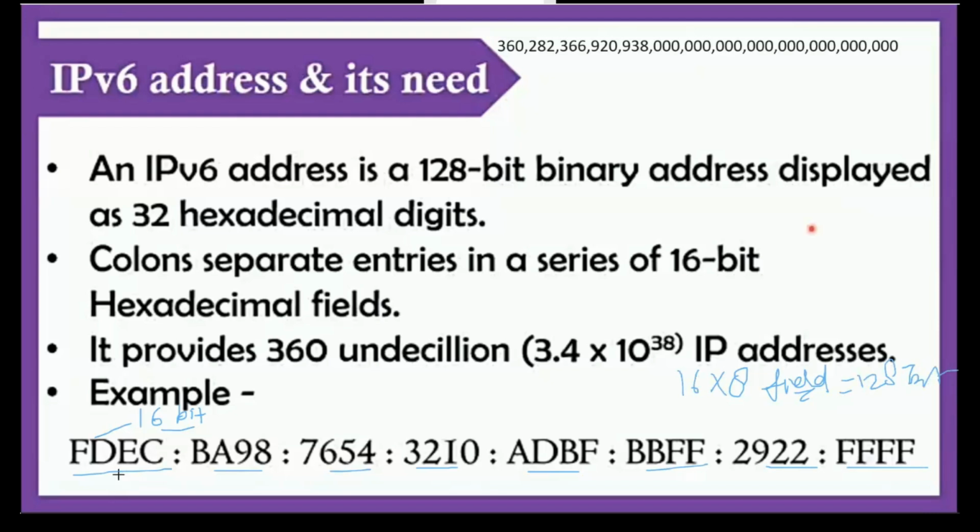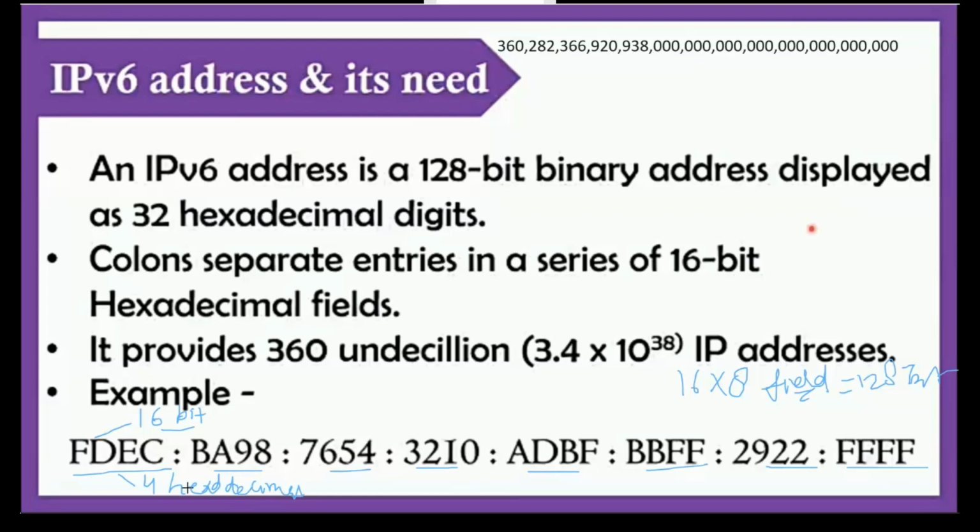Then in every field there are 4 hexadecimal digits. IP version 4 uses decimal numbers, but IP version 6 uses hexadecimal numbers.